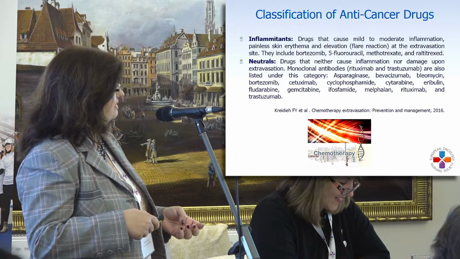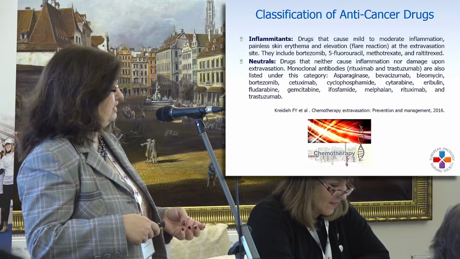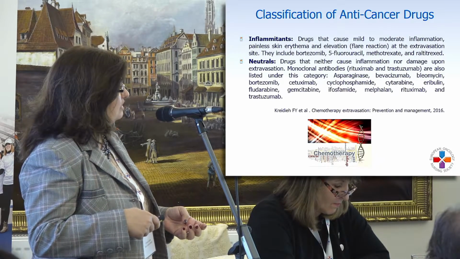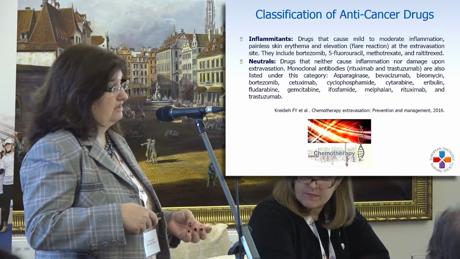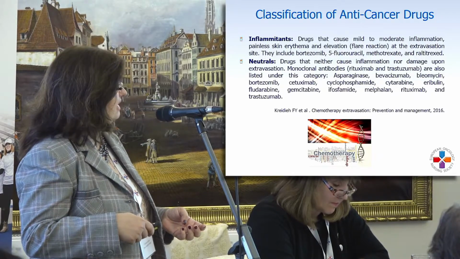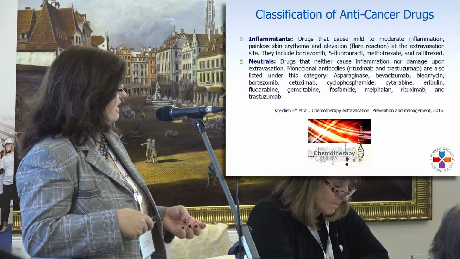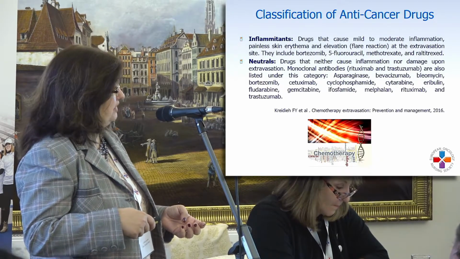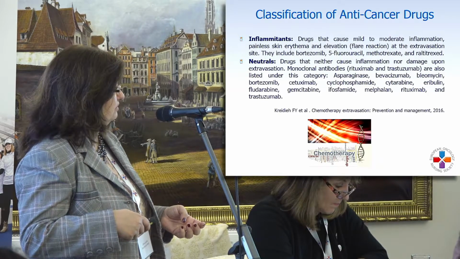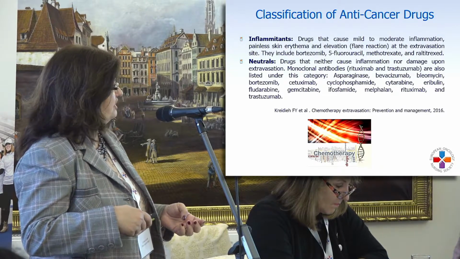Neutrals are drugs that neither cause inflammation nor damage upon extravasation. Usually they are monoclonal antibodies like rituximab and trastuzumab, and are also listed under this category: asparaginase, bevacizumab, bleomycin, bortezomib, cetuximab, gemcitabine.